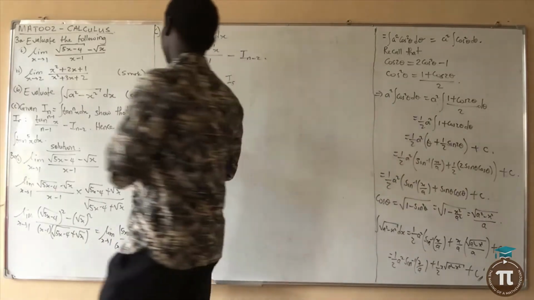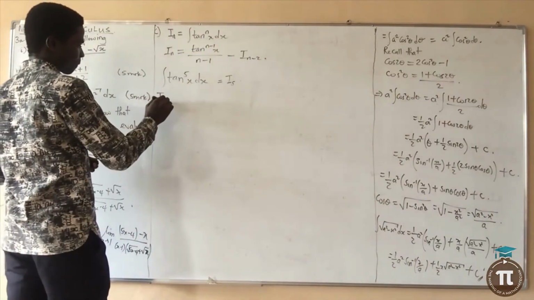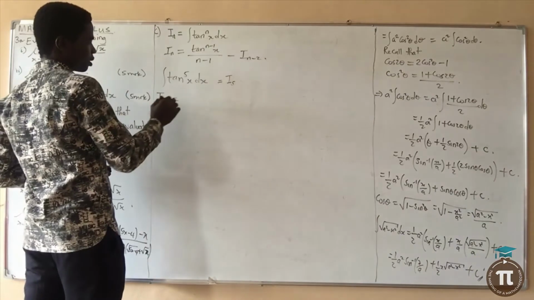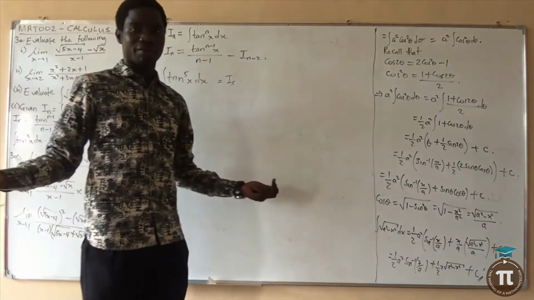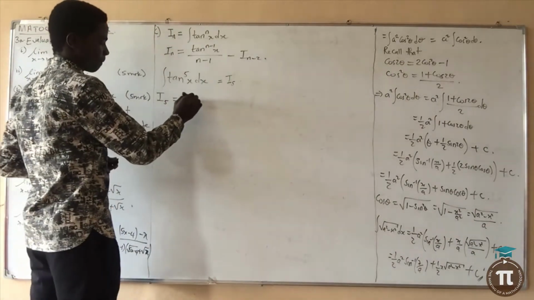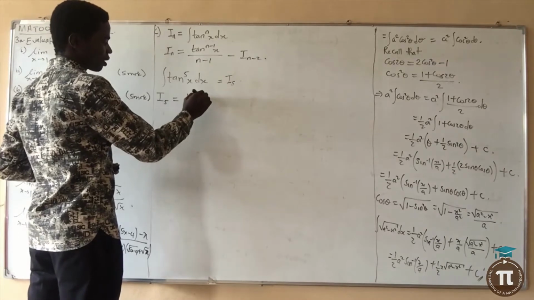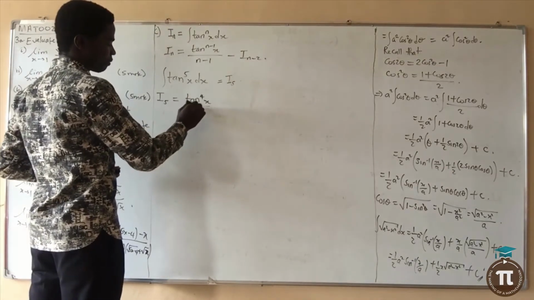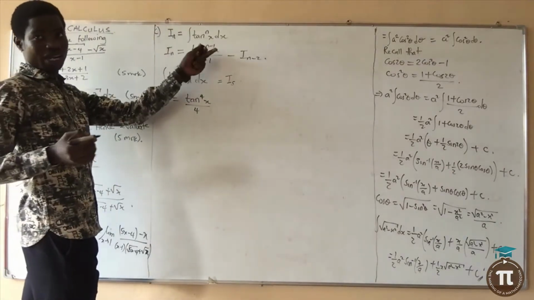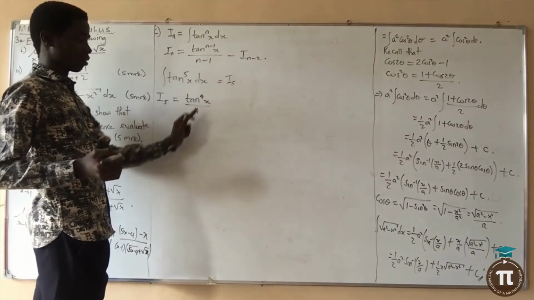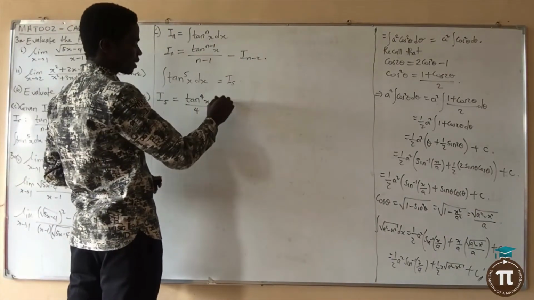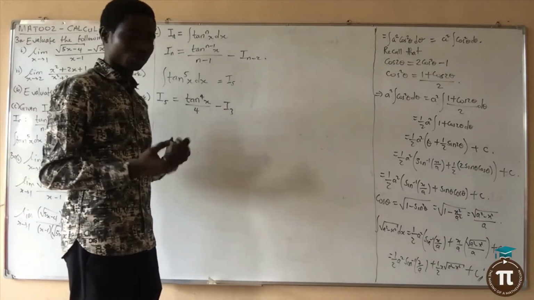So I have I5 is equal to, anywhere you see n, put 5. Tan 5 minus 1 will give me tan 4 x divided by 4. Tan 5 minus 1, that's 4, divided by 5 minus 1, which is also 4, minus I3, because 5 minus 2 is 3.